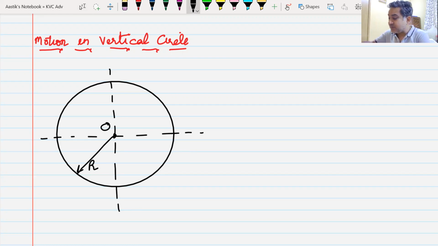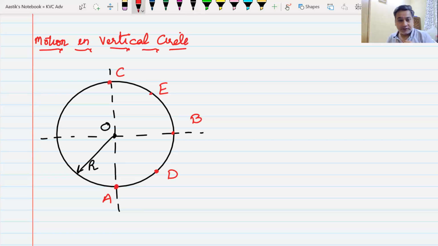But here when you change the position, for example position A, position B, position C, in between position D, and in between position E, someone has to provide the centripetal force.